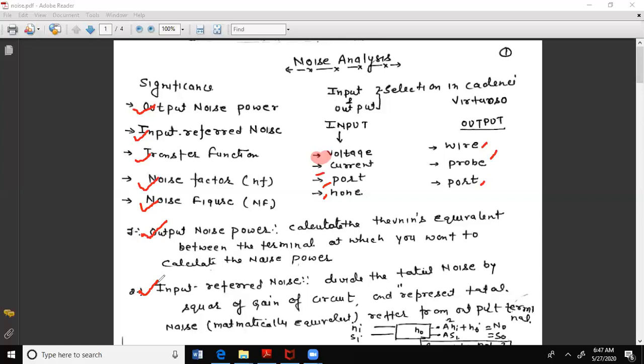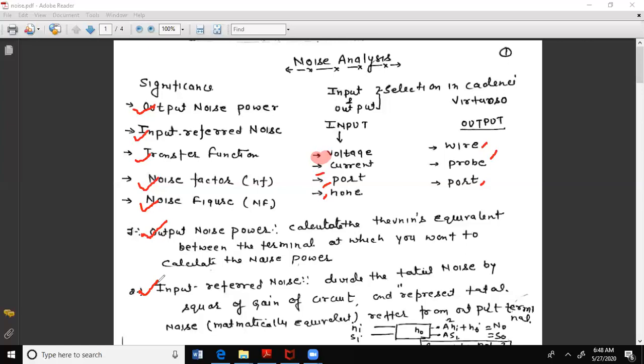Okay, are you getting my point? So what is input referred noise? Input referred noise is the equivalent noise power transferred from output terminal to the input terminal. And mathematically, this value is equivalent to the output noise power divided by the gain square of the amplifier or the circuit.